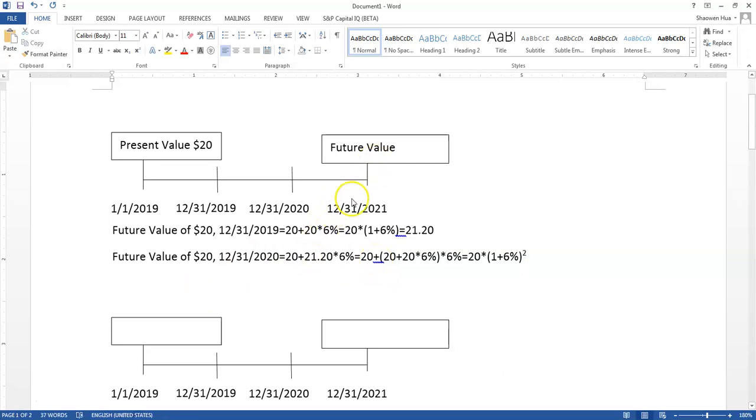So what's the future value of the third year? If I didn't return money at the end of the second year, this amount of money will continue to accumulate interest for another year.